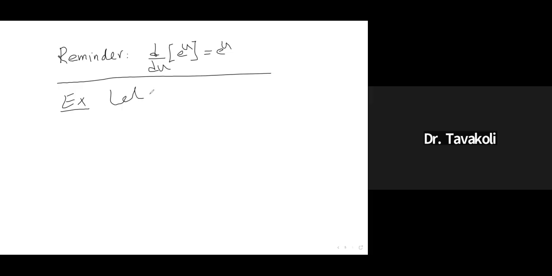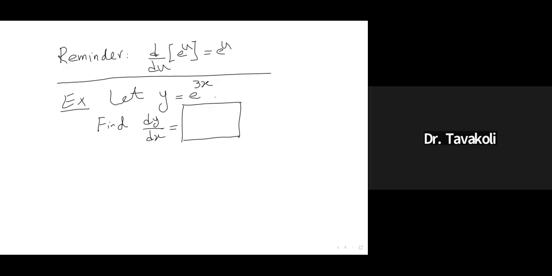Let y be e to the power of 3x, not x, 3x. Find the derivative of y with respect to x. What makes this function more complicated than e to the x is that in the exponent we have a coefficient of 3 for the variable. That's why for doing this, we need the chain rule.